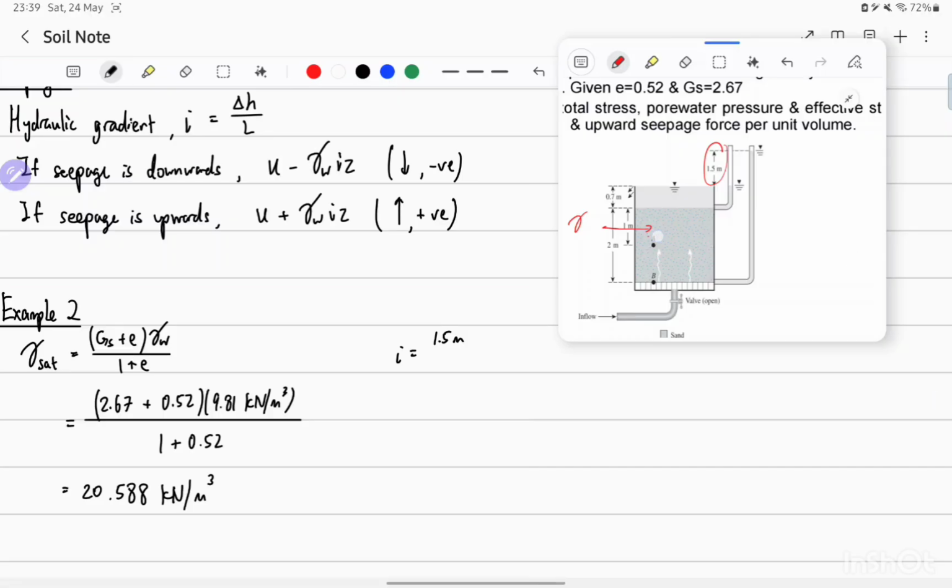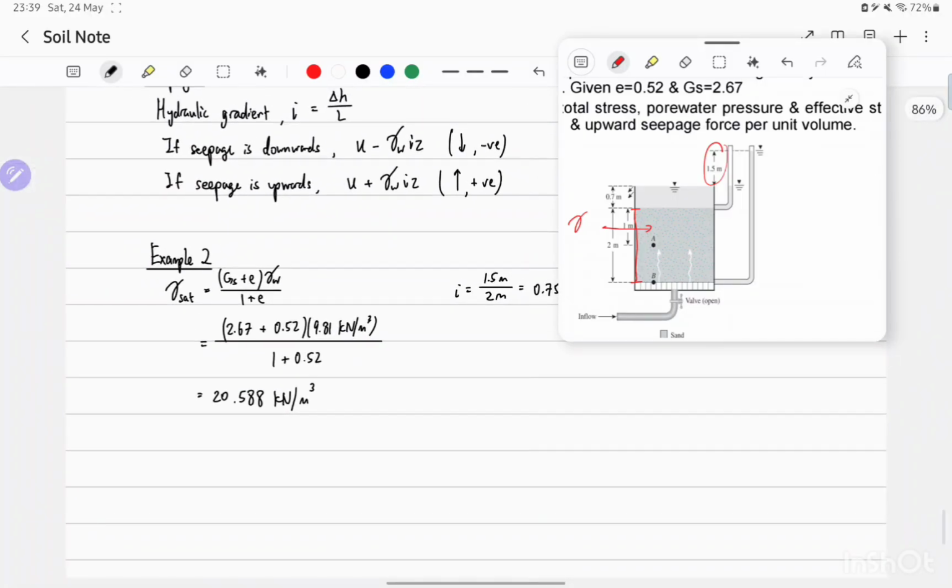Even though there's a point in the middle or any other condition, we take the whole length of the sample, so it will be from here to here, and L will be 2. So i is 0.75, it's unitless.